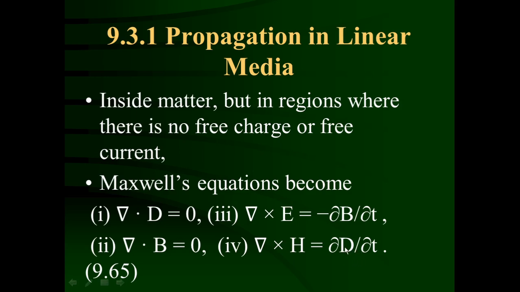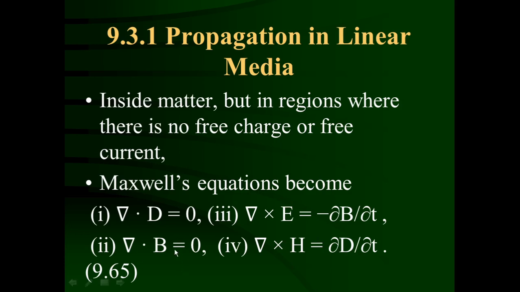So we can write curl of H is equal to del D upon del t. That means variation of the electric field can produce a magnetic field. So these two equations relate that the variation of the magnetic field will produce the electric field and variation of the electric field will produce the magnetic field, vice versa.